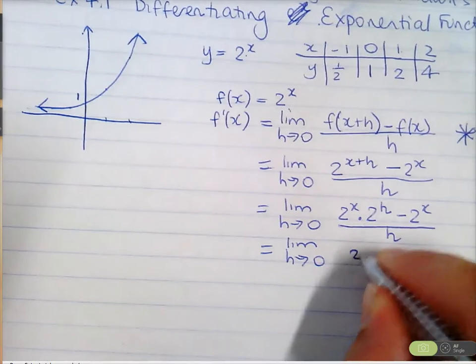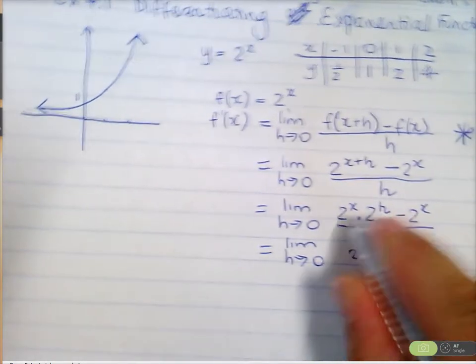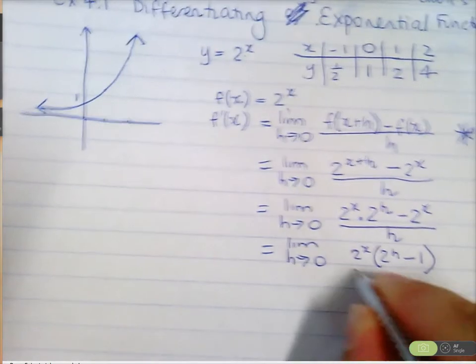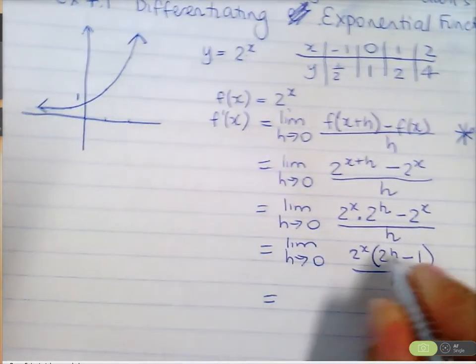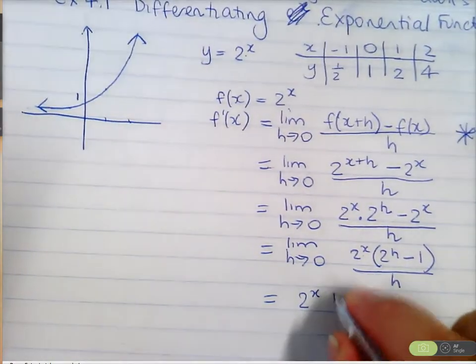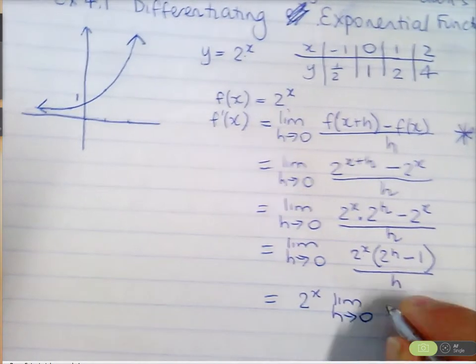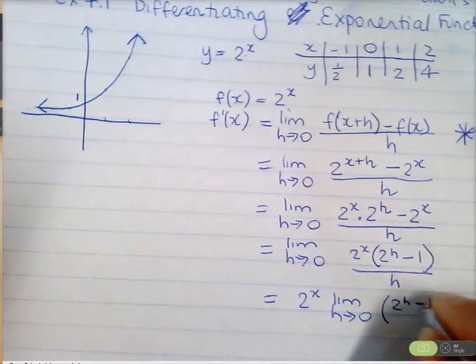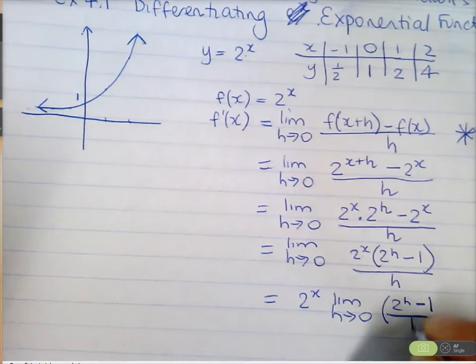So 2 to the x is a common factor. What can I pull out as a 2 to the h minus 1 over h? So now I'm going to take that 2 to the x out to the front times the limit as h approaches 0. Now normally when you do this, so 2 to the h, that's a big minus 1 over h.